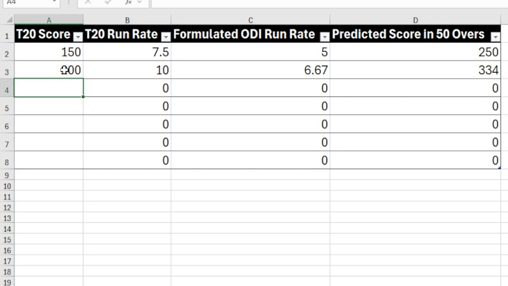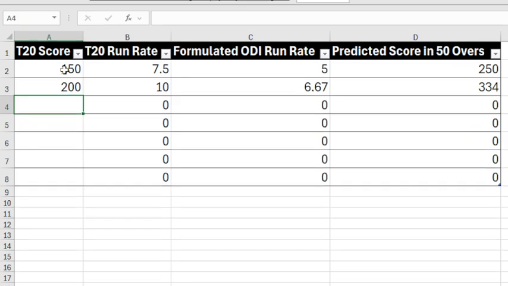The formulated ODI run rate is around 6.67. And like we see here in this example, it's coming out to be 334, which is more or less similar to what we have in Ahmedabad. A par score is somewhere around 325, 330 because it's a batting paradise and a lot of runs are able to be scored there.